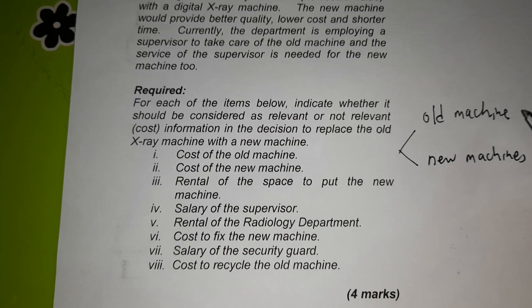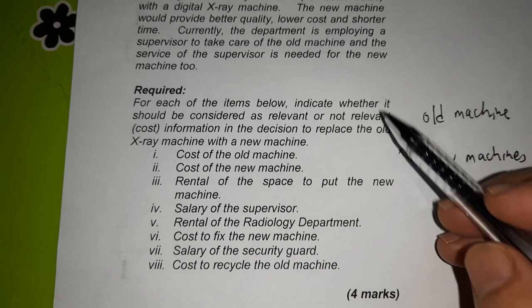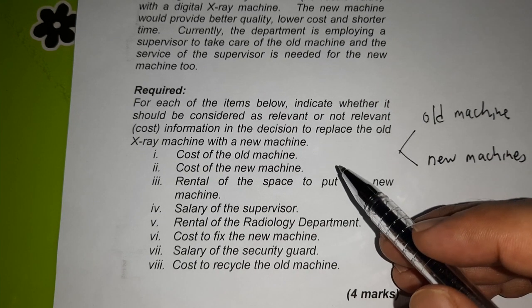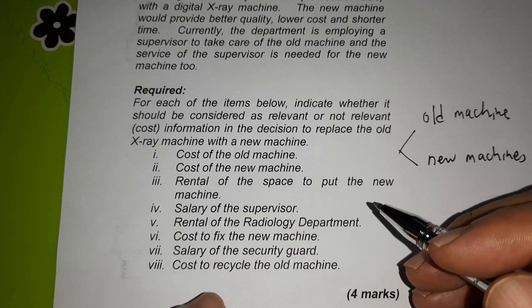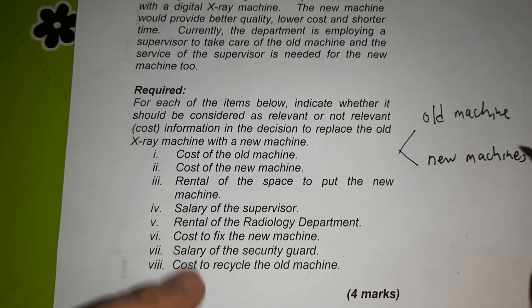So there are two options here. So the question asks you to identify which cost is relevant cost and which cost is not relevant cost.